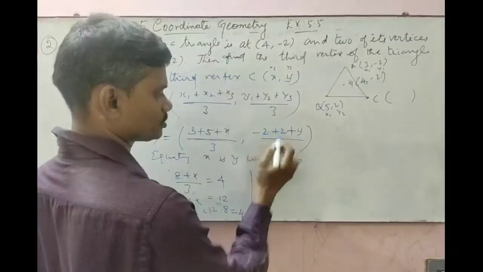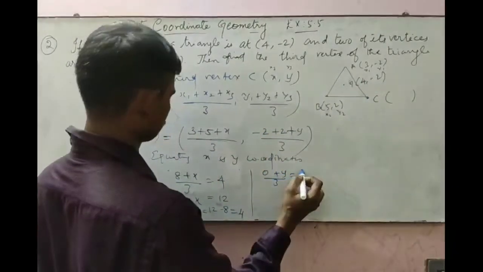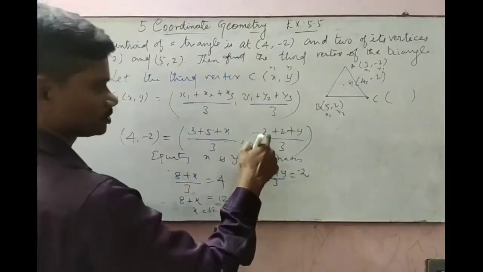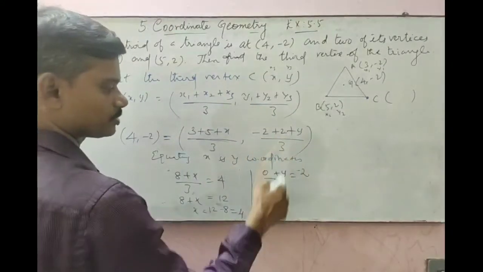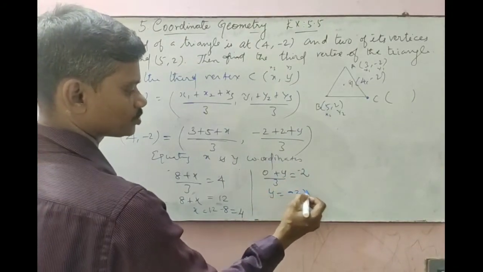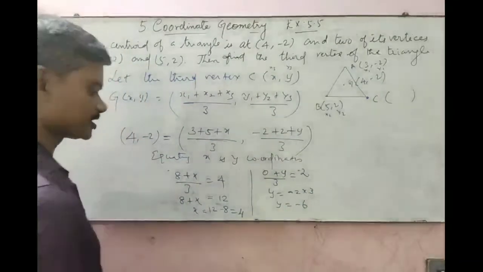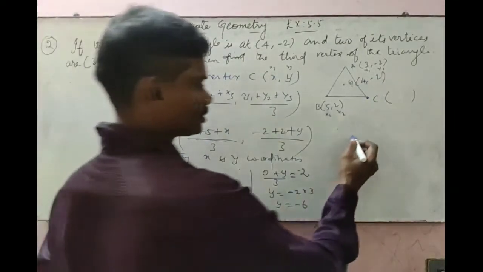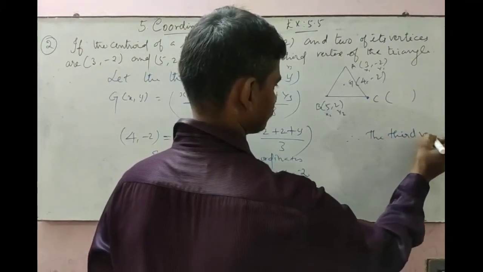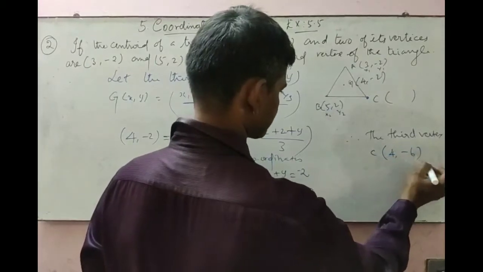Minus 2 plus 2 gives 0. (0 + y)/3 equal to -2. Just by cross multiplying you will get y is equal to -2 into 3 gives -6. So y is equal to -6, x is equal to 4. Therefore the third vertex C is (4, -6).